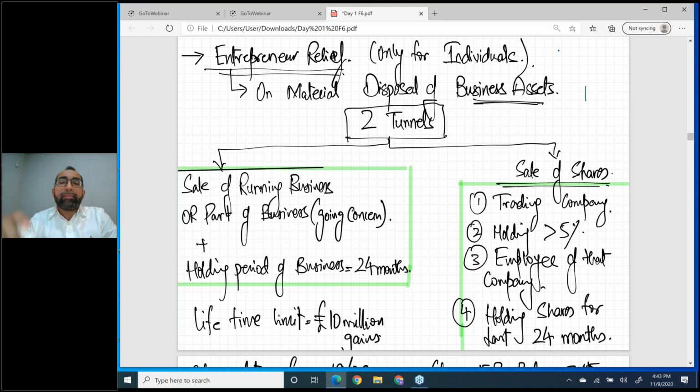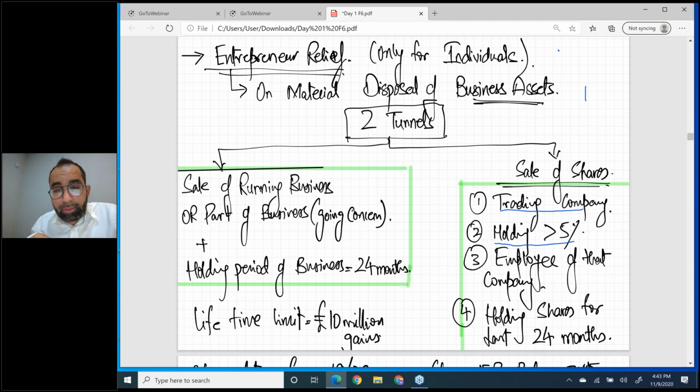Number one, the company whose shares you are selling must be a trading company. Number two, your holding percentage must be greater than 5%.